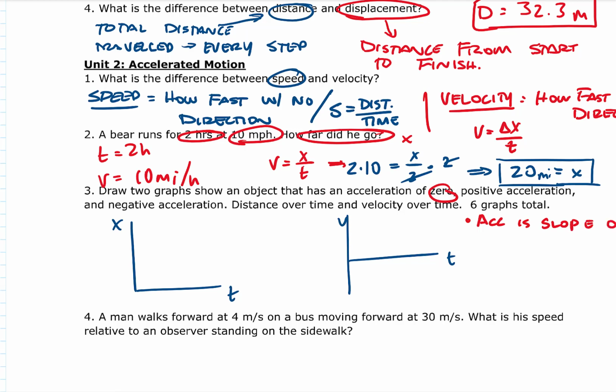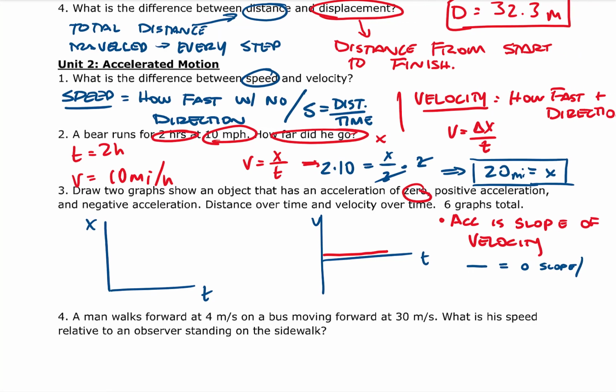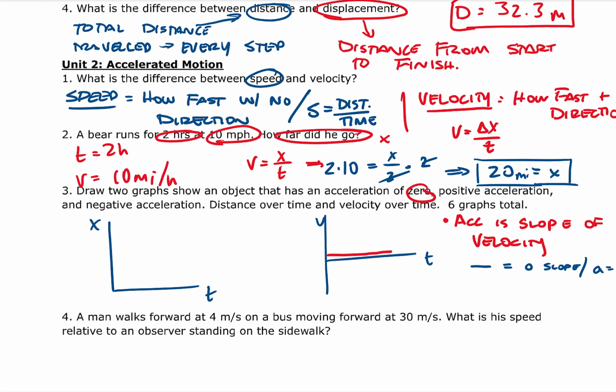Acceleration is slope of velocity. So 0 acceleration is 0 slope. So if we were to draw that, that is equal to 0 slope, or acceleration equals 0.